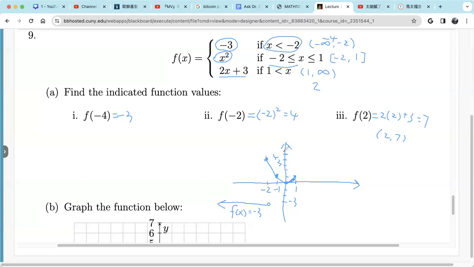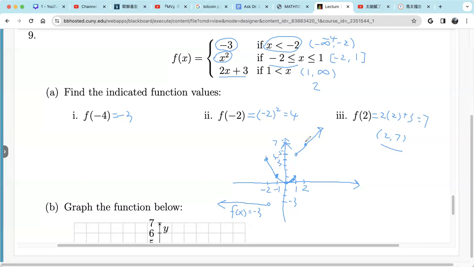So let's see, this is 5. So we have this point, but since 1 is not in the domain, we make an open circle. Now we have the 2, 7 point. So let's see, this is 2, 7 somewhere here. And it's a straight line, so we just connect those 2 points.